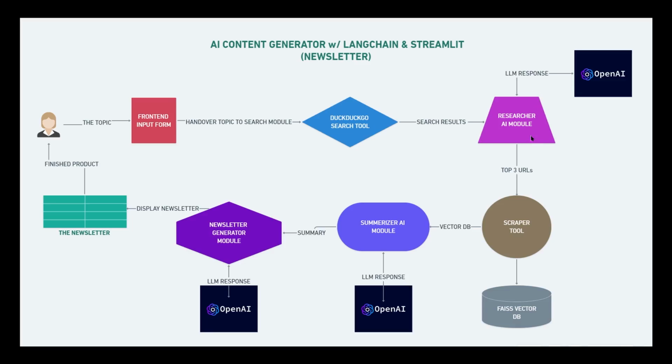So at this point, these are nothing but Python-based modules. So this researcher module is connected to OpenAI, and based on this search result, this one's job is to pick the top 3 URLs and create a list of them and hand over to a scraper tool where I'm going to go ahead and make calls to the internet using those URLs and collect the data, convert them into vector using OpenAI's vector embeddings, and write them into a Faiss Vector database.